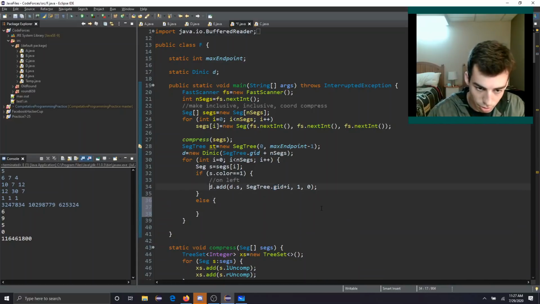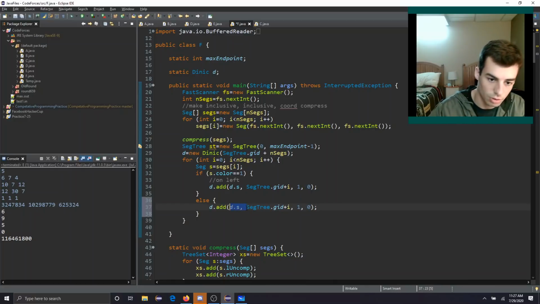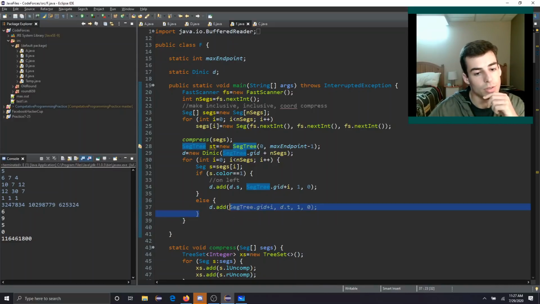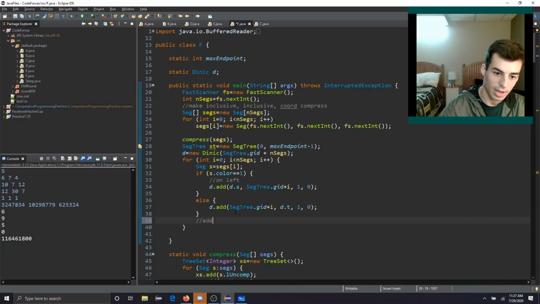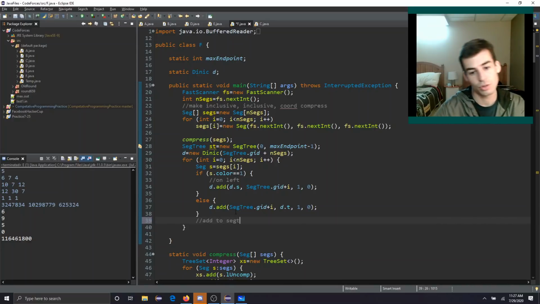Otherwise, it'll be color 2, in which case we go from this node connecting to the sink. Flow is 1, let's do 0. Okay. Now add to segtree.